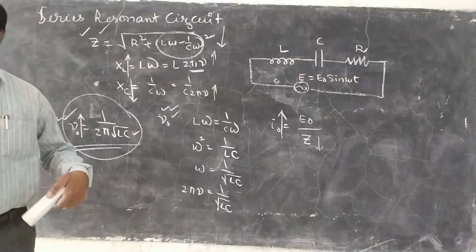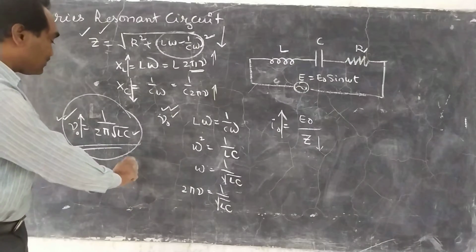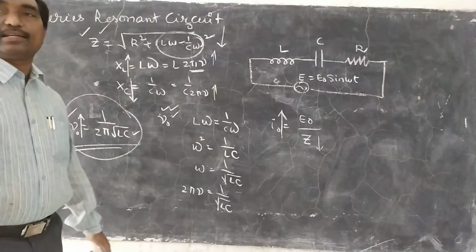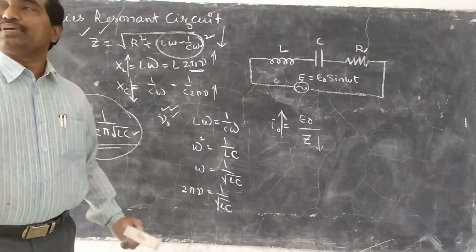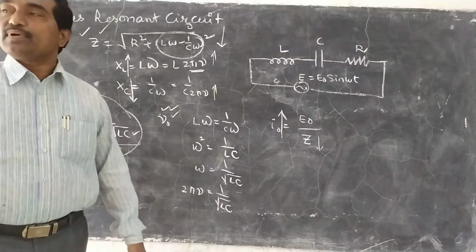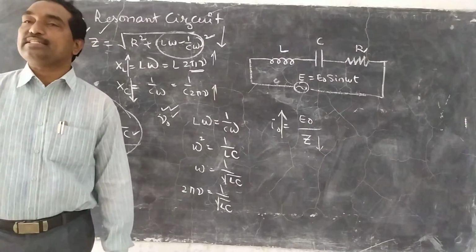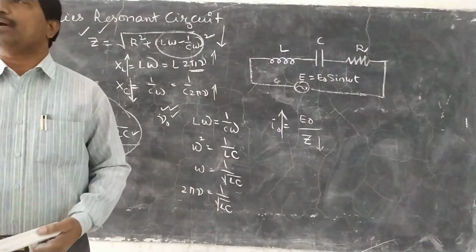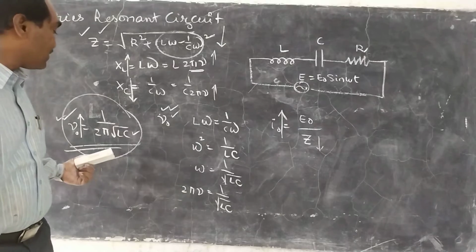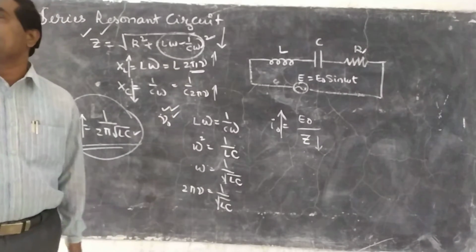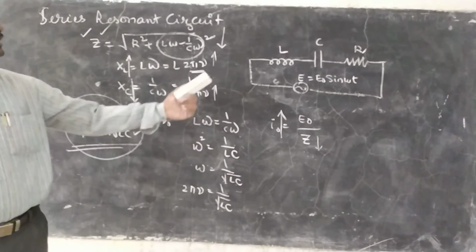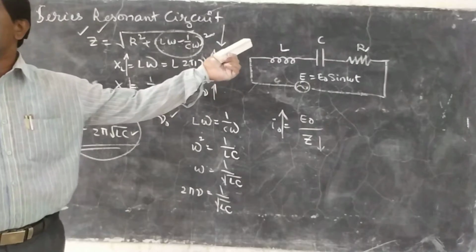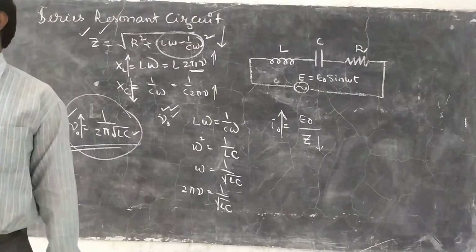If we require the Hyderabad station, we change this frequency by changing the capacitor. When the frequency of this circuit equals the frequency of the Hyderabad station, it is shown. So this is the method to change the frequency in this LCR circuit. This is called the series resonant circuit.